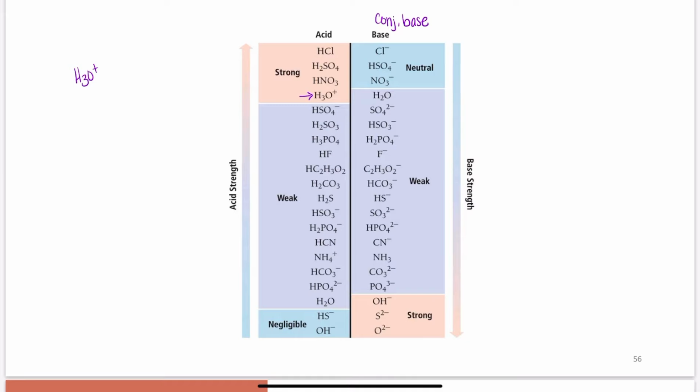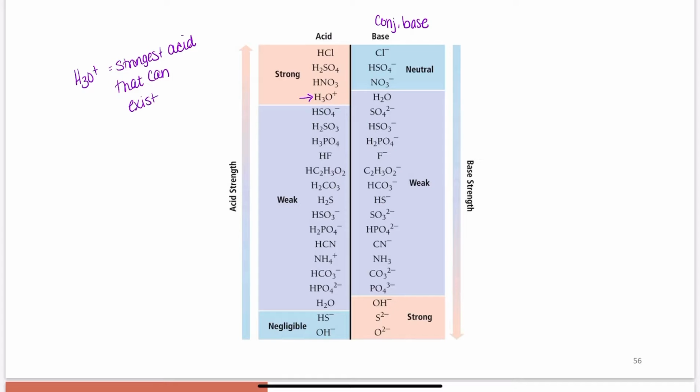We'll talk about that in just a few slides. And you can see that as we go down to negligible in acid strength, those become your strong bases.